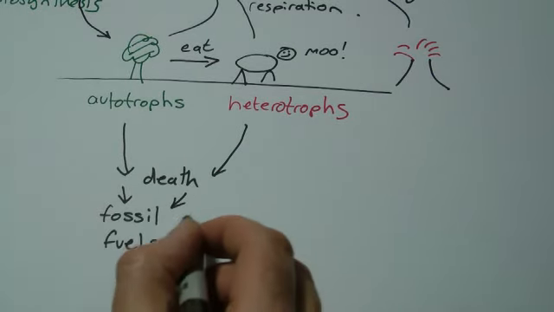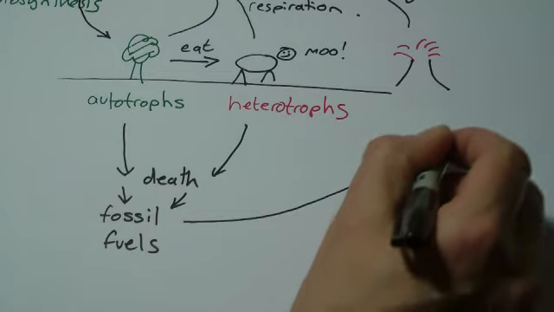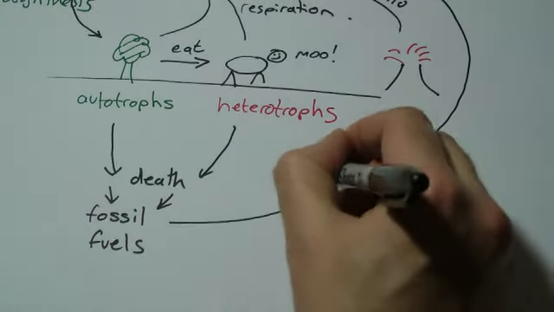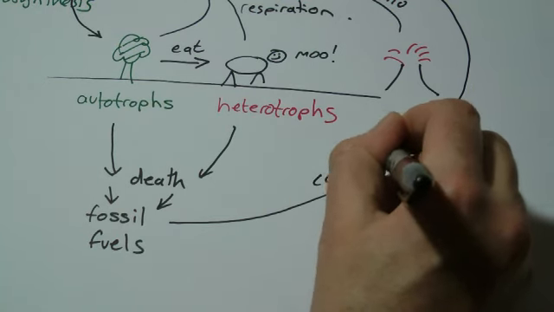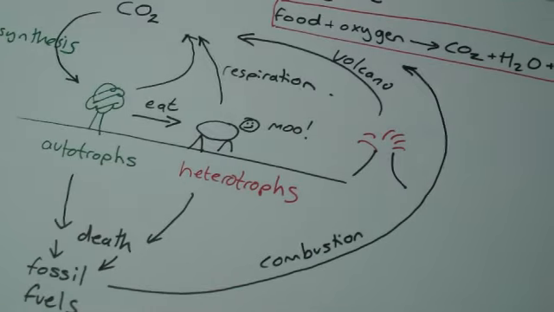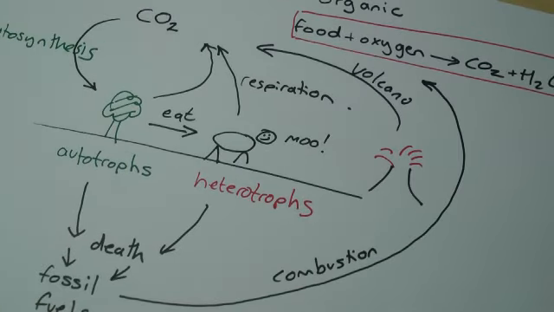Now, these are the things that we burn in power stations and in cars, of course. We burn petrol. So combustion of fossil fuels is another possible way that carbon dioxide gets back into the atmosphere.